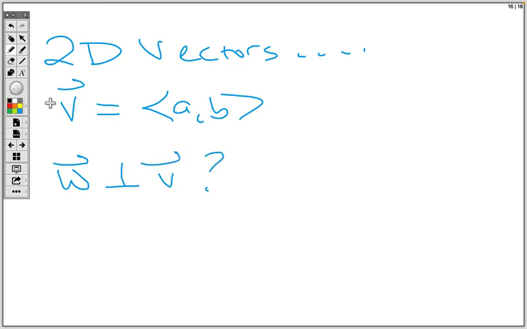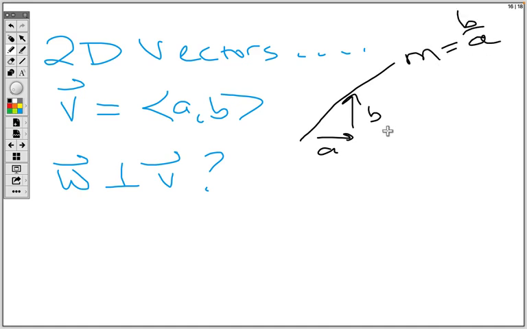And remember, you can think of this direction, you're going over a and going up b, right? So assuming a and b aren't 0, you're on a slope of b over a. The slope of the perpendicular line is the negative reciprocal.